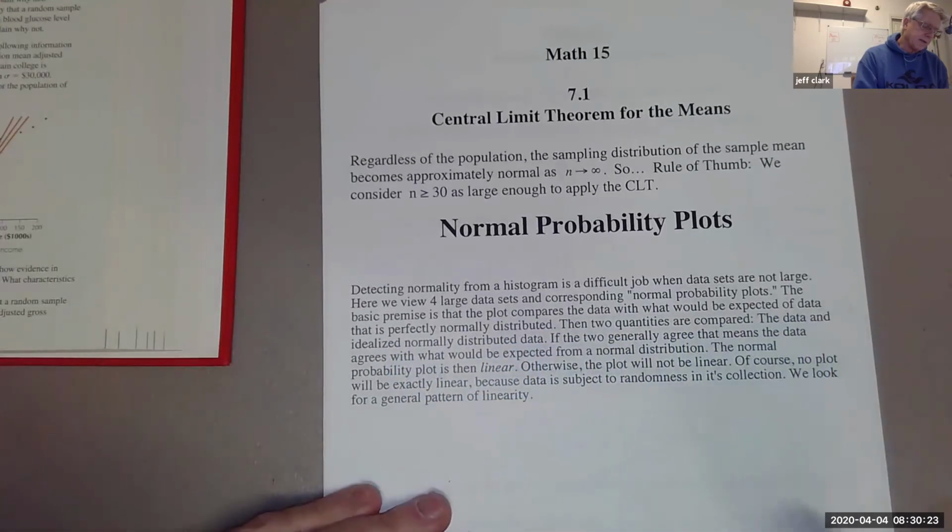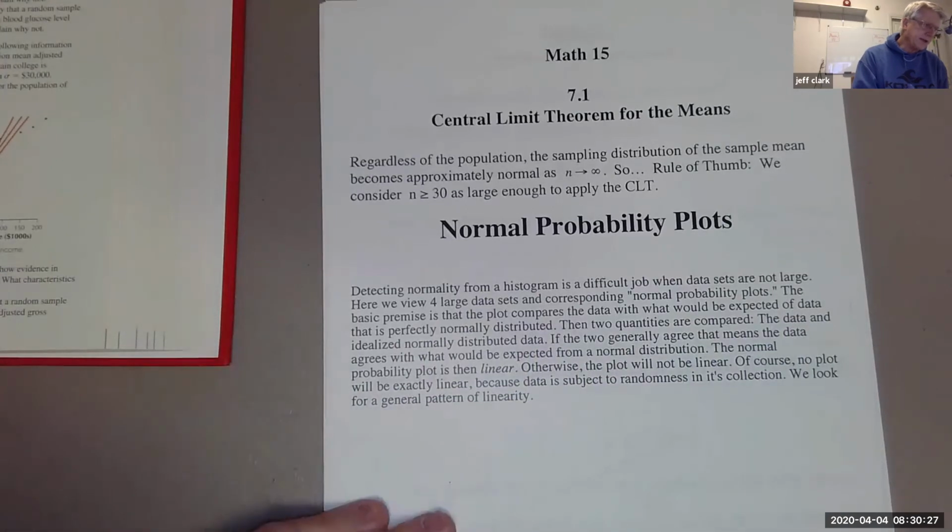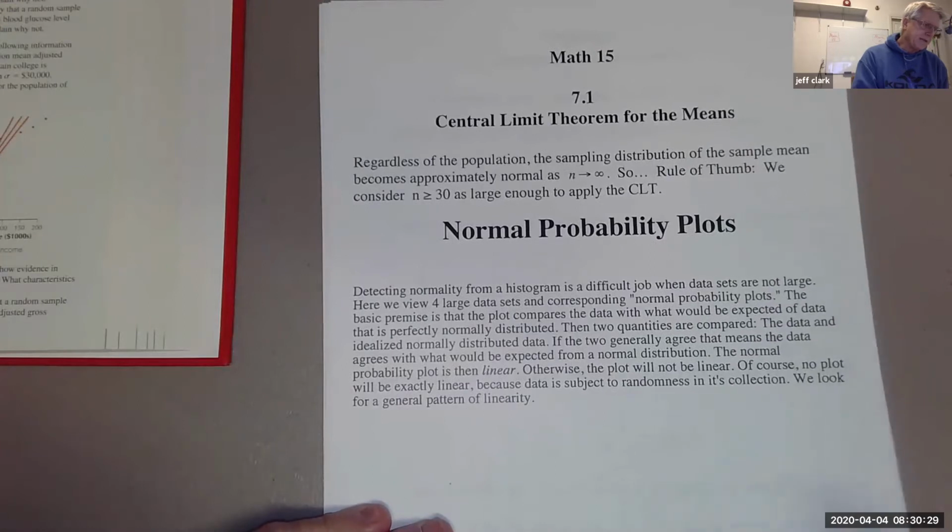Basically, if the plot is pretty close to being linear, like a line, the dots kind of line up, then you can just about assume that it's approximately normal. The closer it is to a line, the more normal it is. And the more curvy it is, the less normal, maybe even skewed, and then you wouldn't do it.